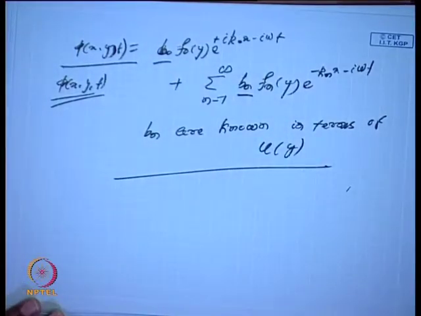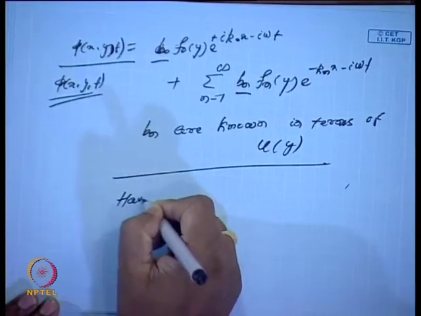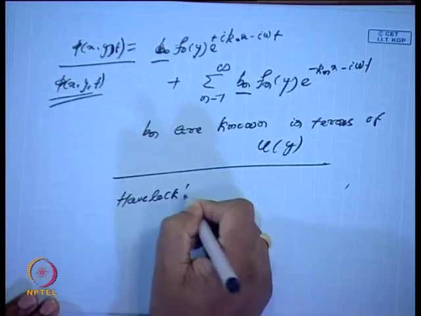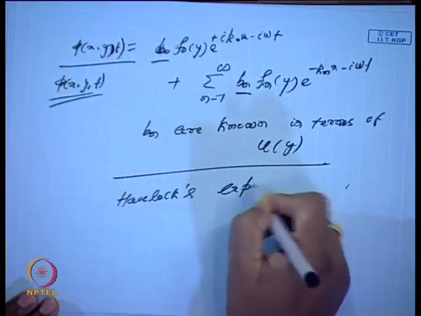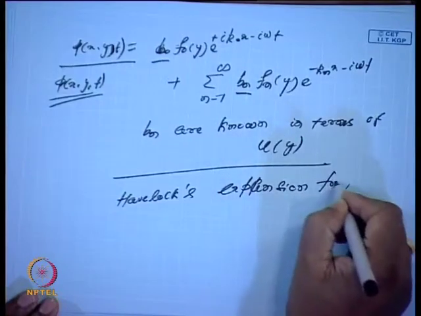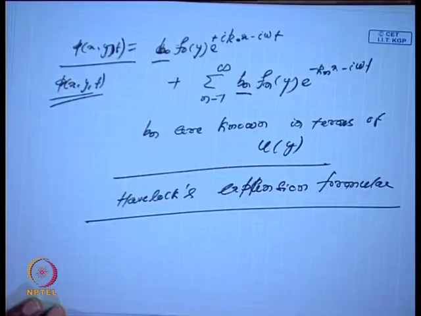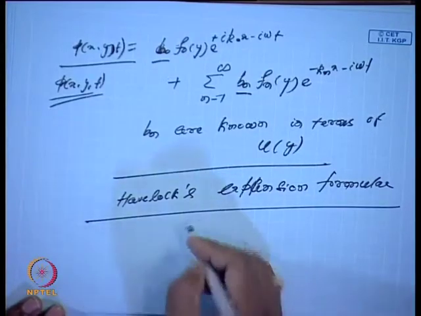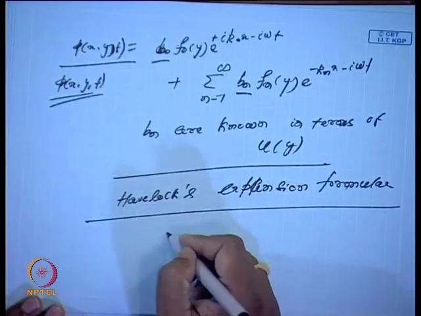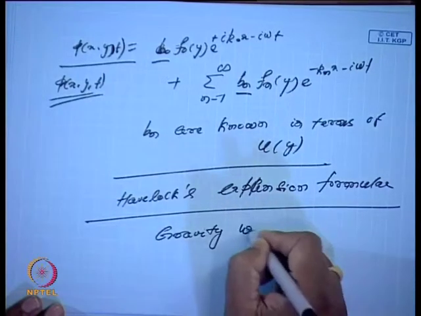It is very simple, and in fact this is known as Havelock's expansion formula. This is a very classical result, or sometimes we call it Havelock's gravity wavemaker problem. It is called the gravity wavemaker problem.